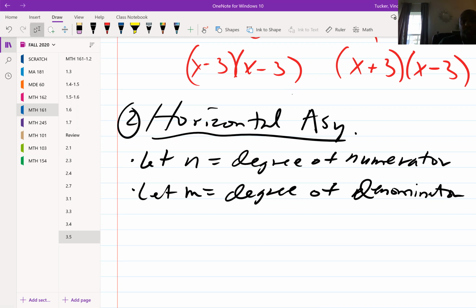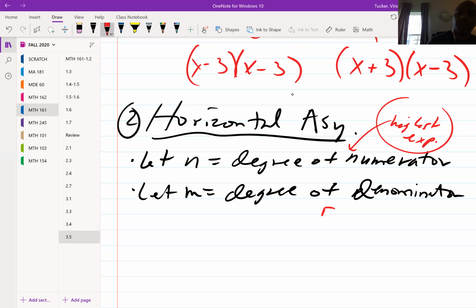I'm using this terminology because this is how it's expressed in the book and probably in my math lab. So the degree of the numerator is the highest exponent in the numerator, and the degree of the denominator is the highest exponent in the denominator. That's what we're talking about, degree.